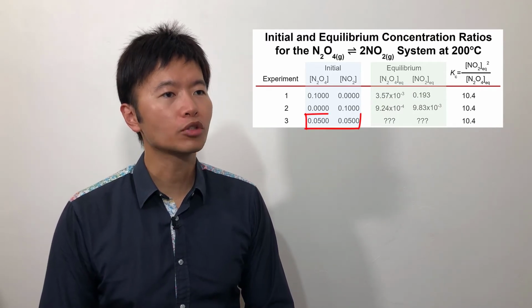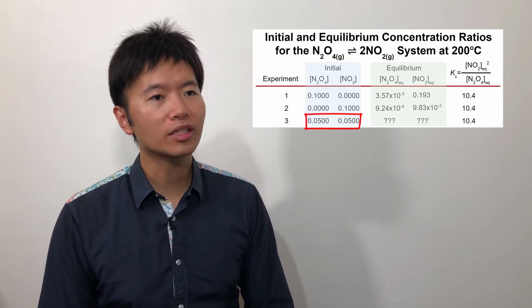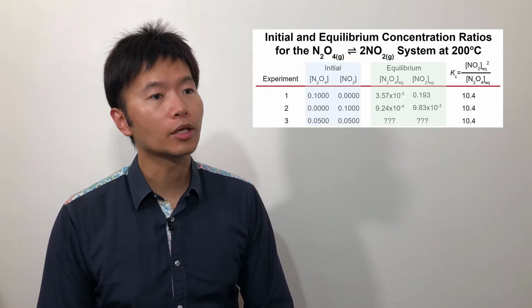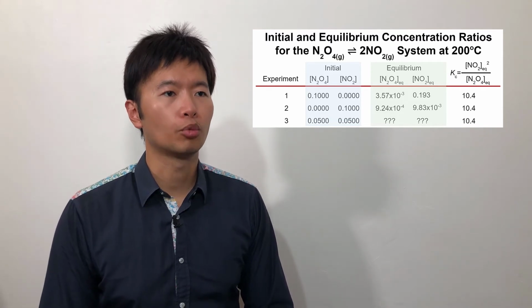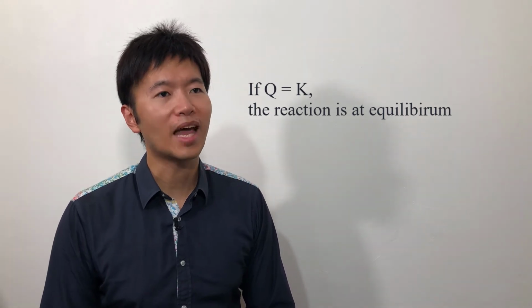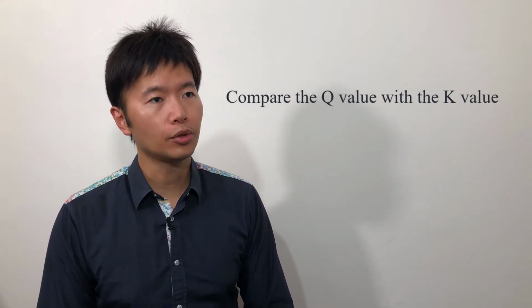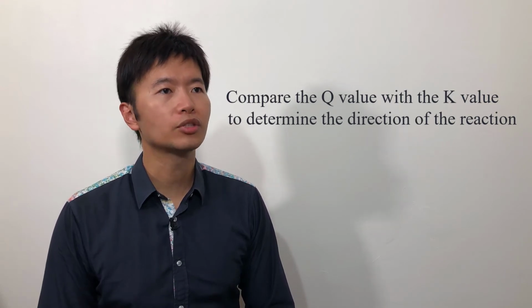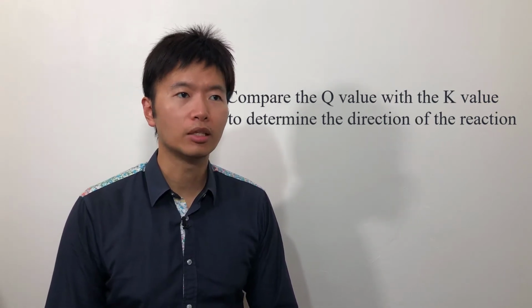However, we can also have both initial concentrations of reactants and products, and we are going to have to use something called the reaction quotient Q to determine if a system is at equilibrium. If it is not, we will compare Q with K to determine which direction the reaction is going to go to reach equilibrium.